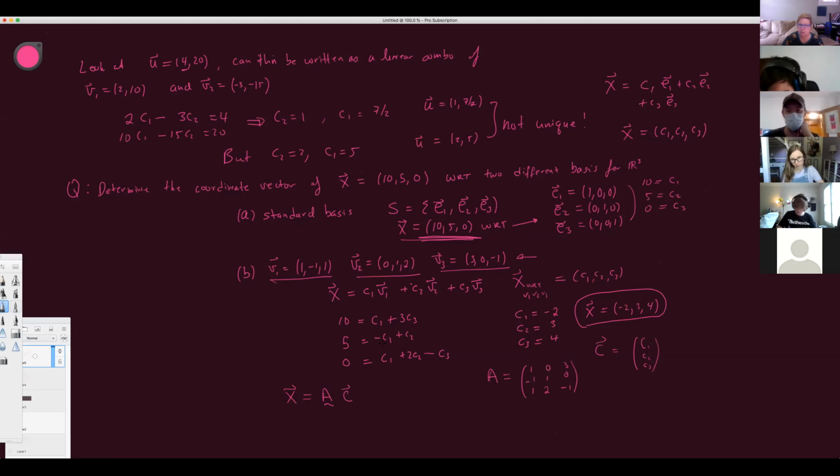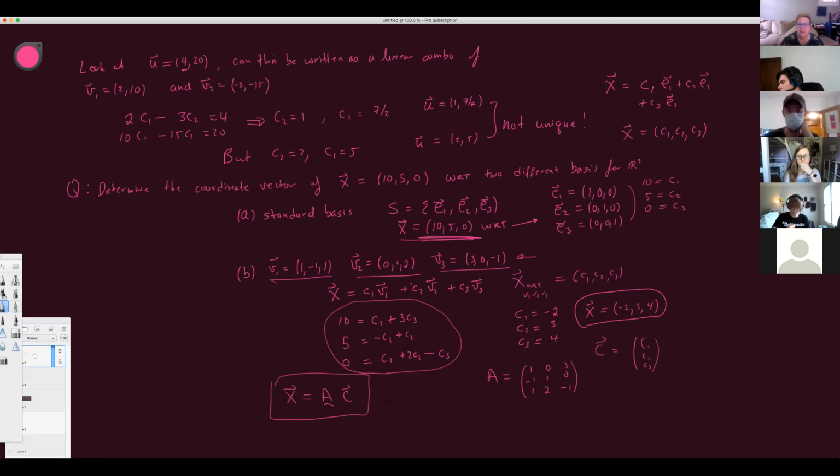Then the next one, you'd get 5 is equal to minus 1 c1 plus c2, and 0. See what I'm saying? So this is the equation that represents this, same as this. Does everybody understand that part?